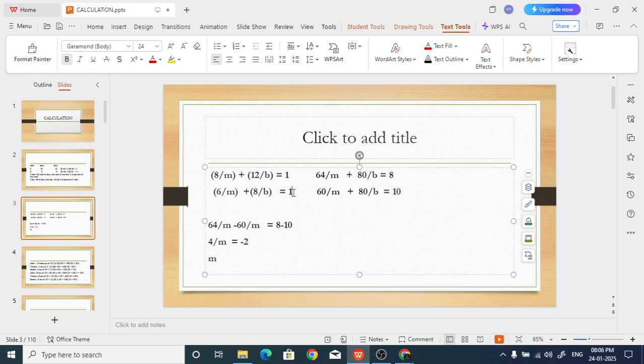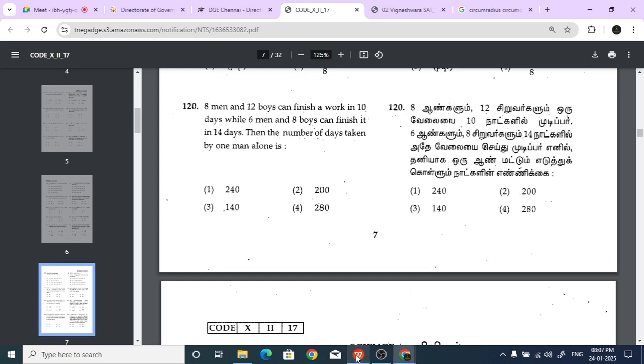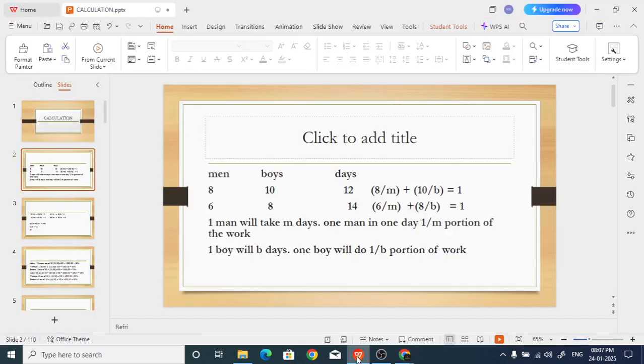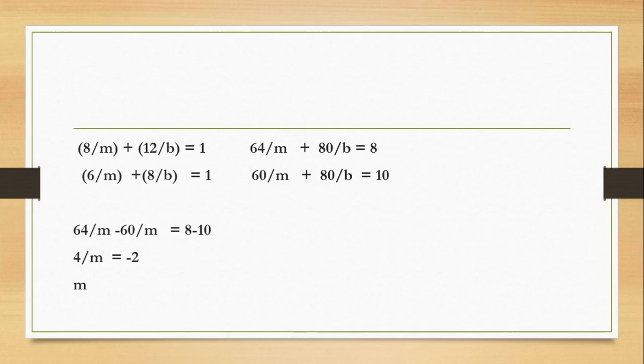8 by m, 12 by b. 8 men and 12 boys doing it in 12 days. Sorry, 1 by m means 8 men.